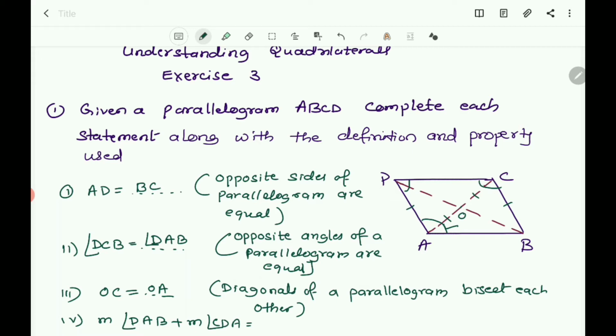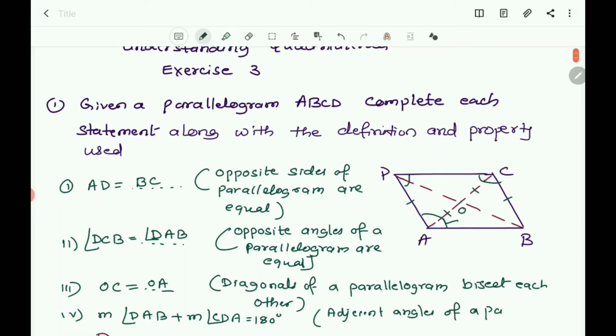Their sum must be equals to 180 degree as they are supplementary. So what is the reason here? Adjacent angles of a parallelogram are supplementary. Supplementary means their sum must be 180 degree.